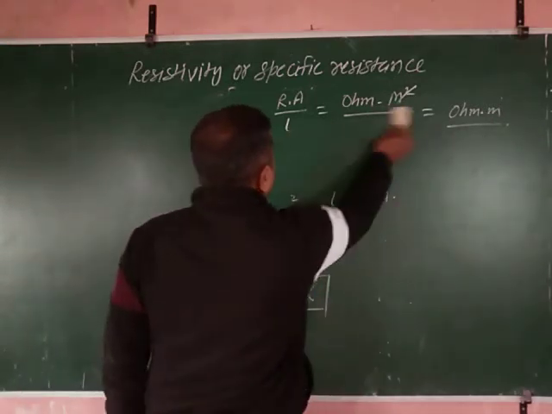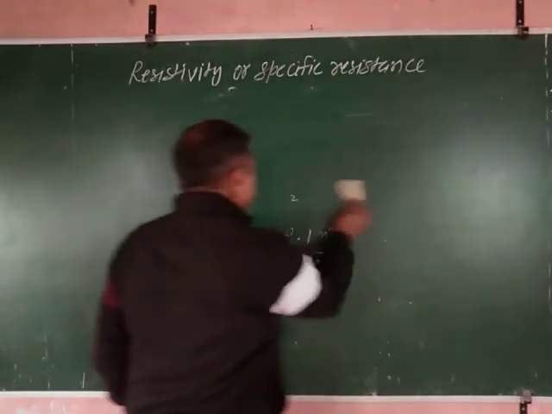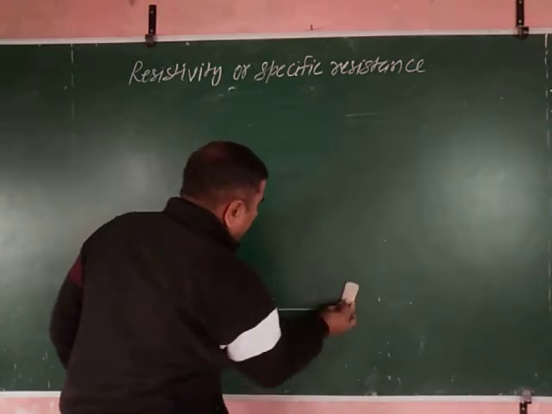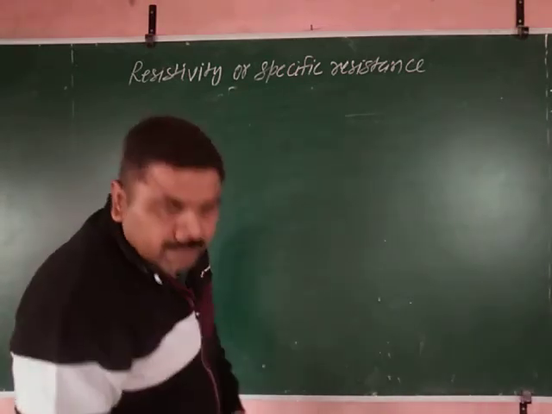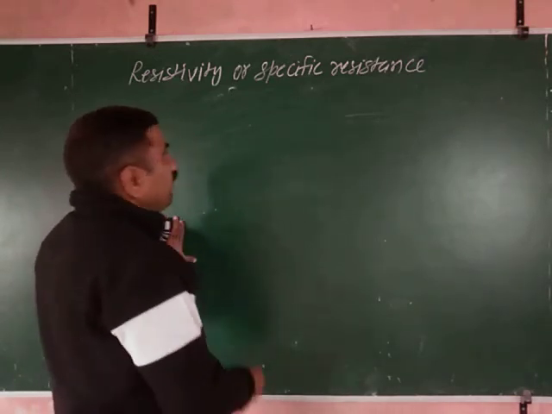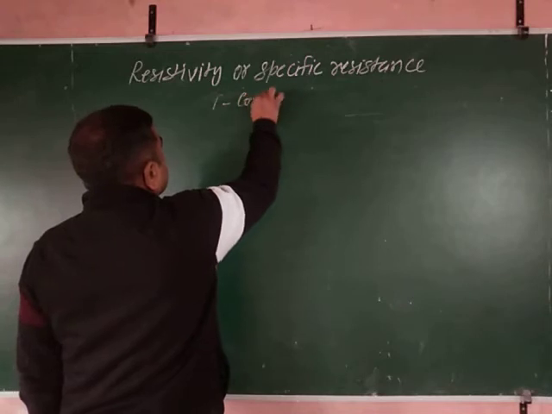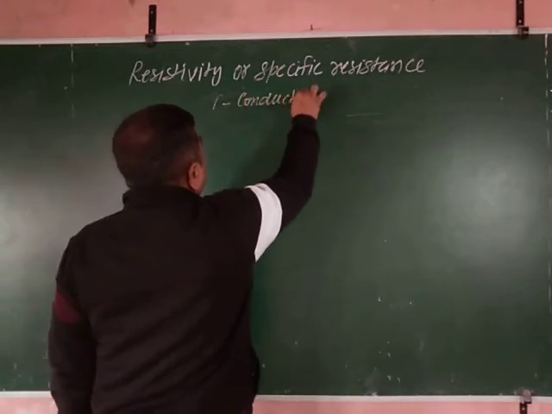On the basis of the resistivity of the substances, the materials are divided into given categories. These are: number 1, conductors.